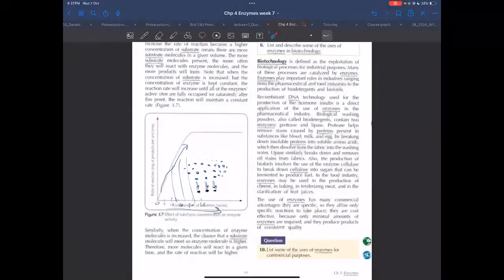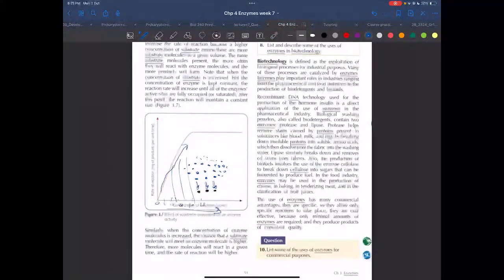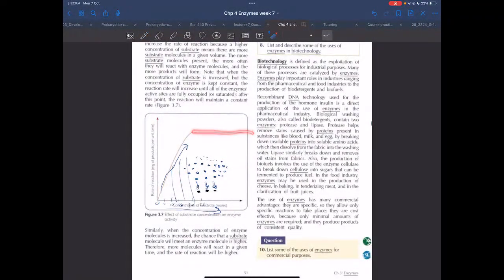So what's going to happen to my reaction? This is the point where we say my enzymes have been saturated or fully occupied. So once they are fully occupied, even if I keep on increasing my substrate concentration, nothing will happen to the reaction rate. Why? The reaction rate is determined by what? By the rate of what?